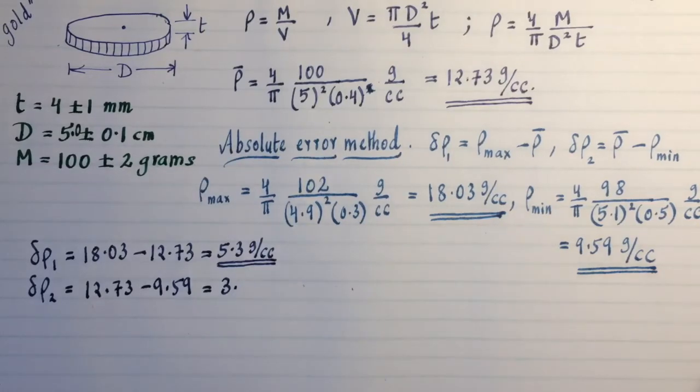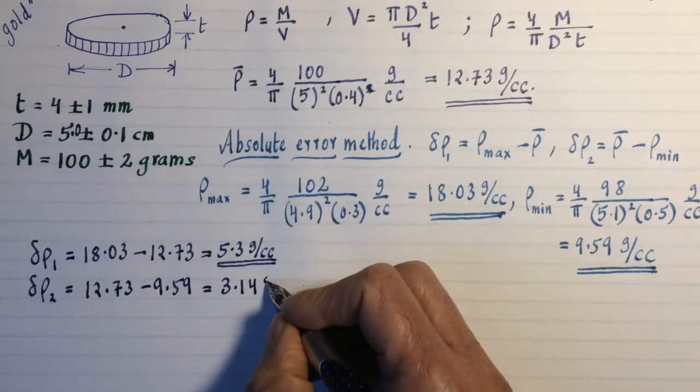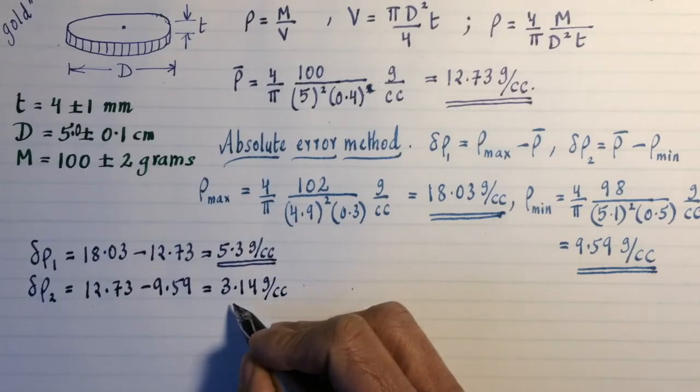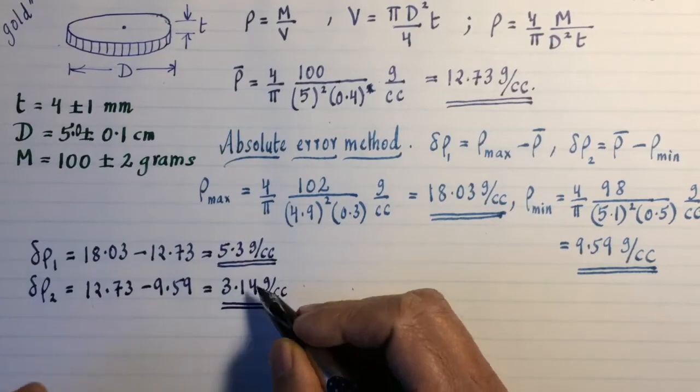Not sure if that is correct. I thought, yeah, I think it is correct. 3.14 grams per cc. So you can see immediately that this gives you a better value than that.